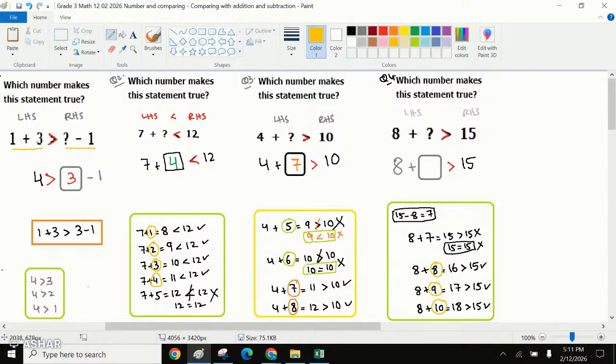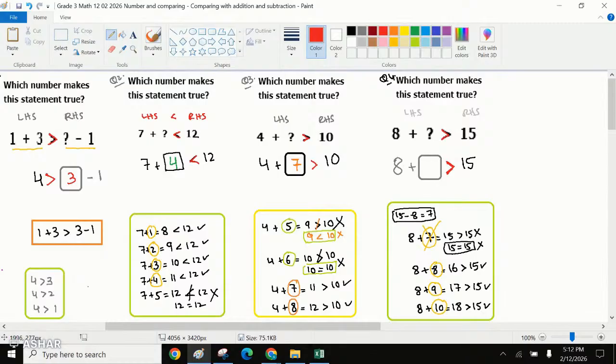Right? Agreed, Nate? So all these numbers are true except this number which is not true, because 8 plus 7 was 15. We do not have an equal sign here. We have a greater sign. That means we can take the number 8, 9, 10, 11, any number that you wish. So I'll start off with the smallest possible number.